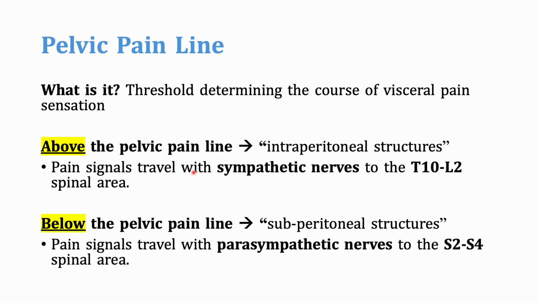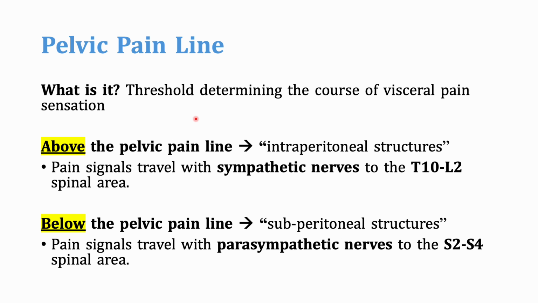I think we are reaching the tipping point of one of the hardest things to understand. So this is the pelvic pain line. So what is that? That is a threshold for determining the course of visceral pain sensation in the pelvis. Organs that are intraperitoneal structures are considered to be above the pelvic pain line, and their pain signals travel with sympathetic nerves to the T10 to L2 spinal area.